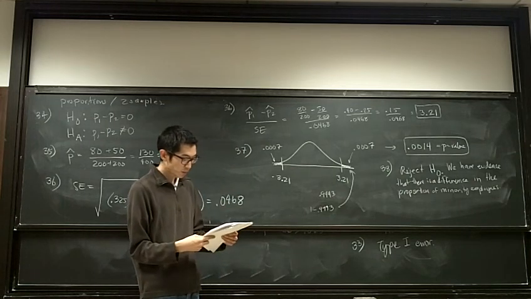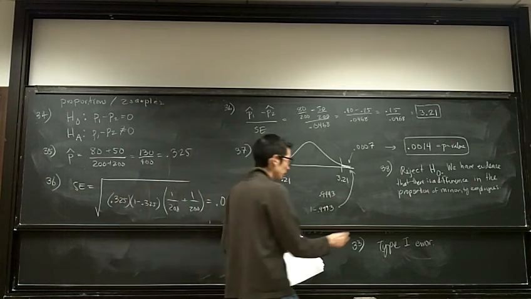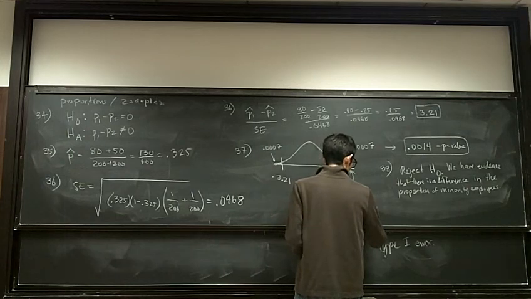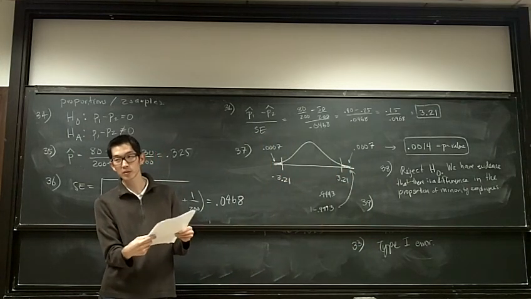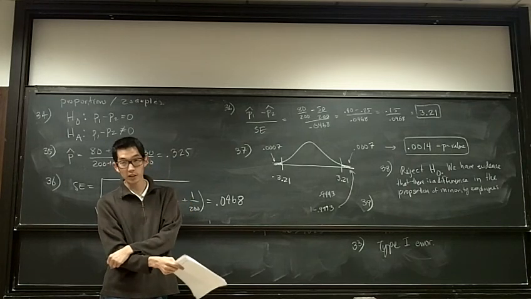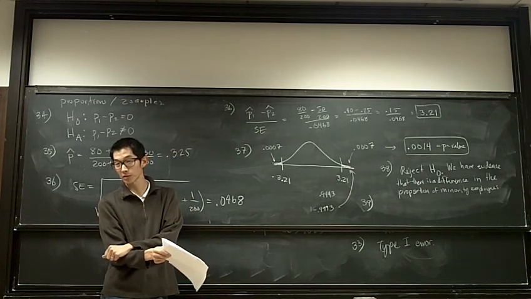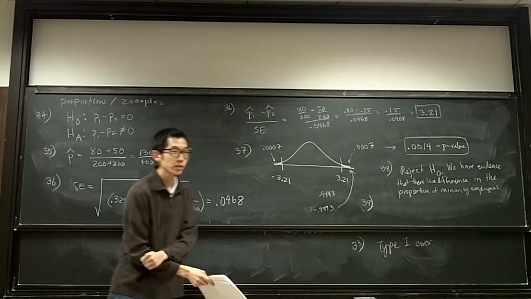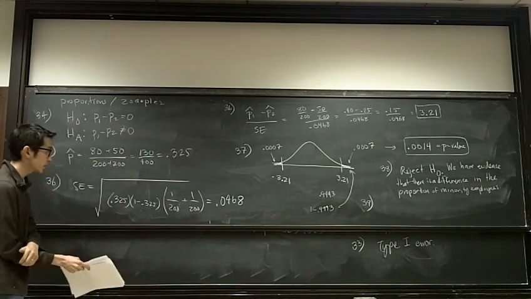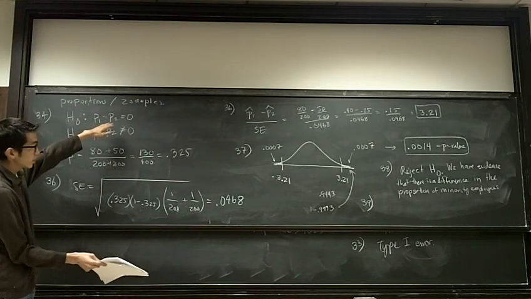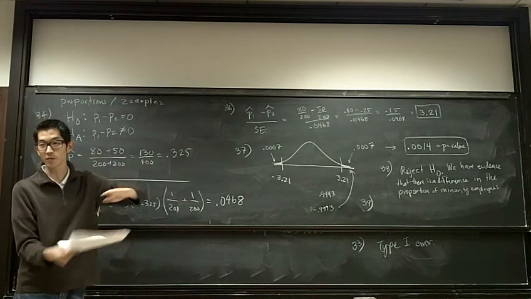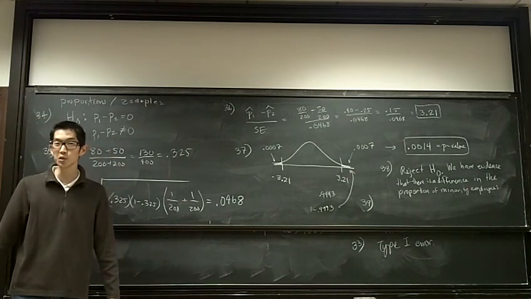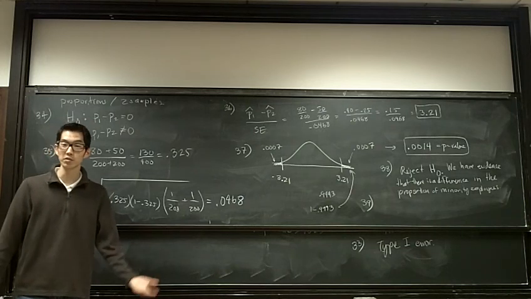And 39, what does it mean to commit a type 1 error? We reject the null when the null was true. That would be a type 1 error. What does it mean in this case? It means we think there's a difference in the proportion of minority employees, but in reality, there's no difference.